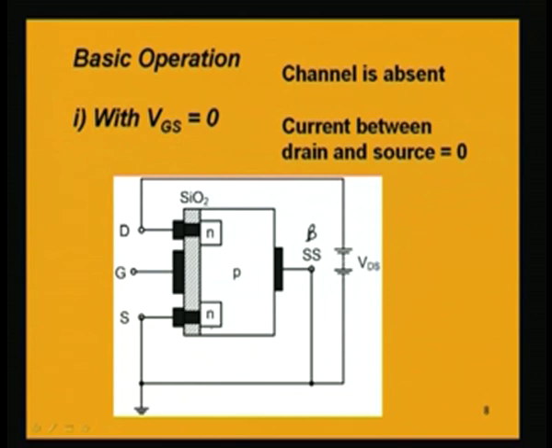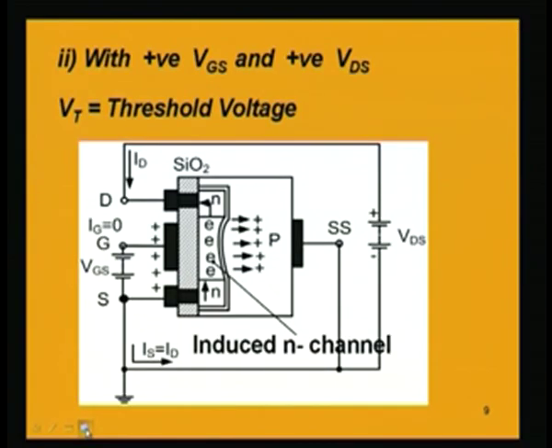So, next let us see what happens when we apply a voltage between the gate and source, and that voltage is, say, positive. Now, we have positive voltages between the gate and the source and between the drain and the source. Here we show this by VGS, with the gate positive with respect to the source.